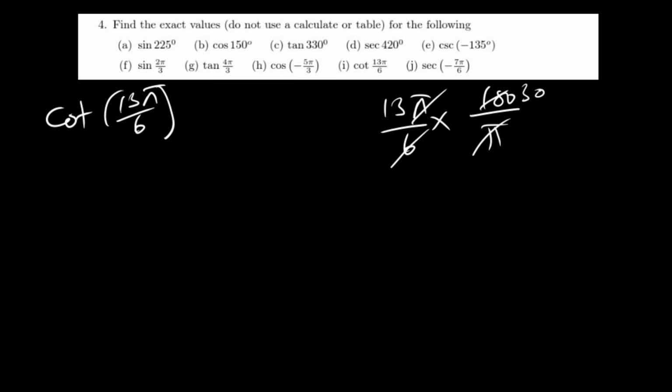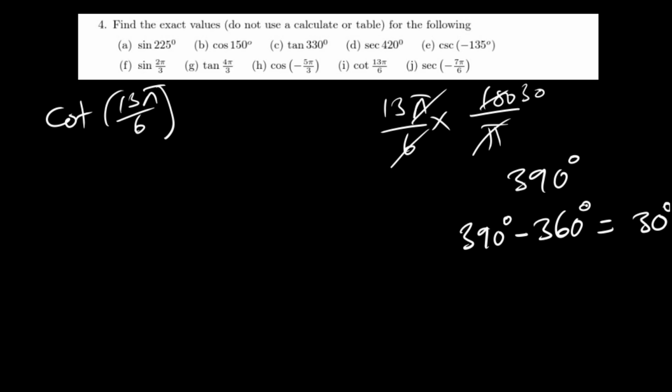But because it has gone beyond 360, we are going to say 390 degrees minus 360 degrees, which is going to give me 30 degrees. So now I'm finding cot 30 degrees, which is the same as 1 over tan 30 degrees.